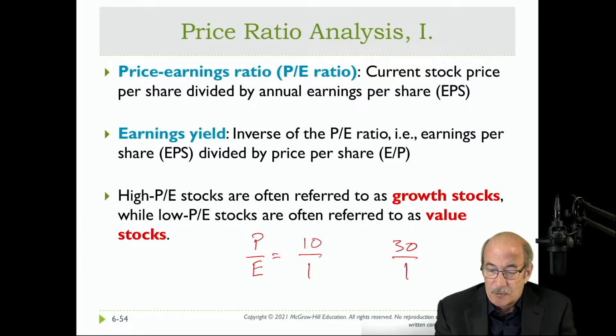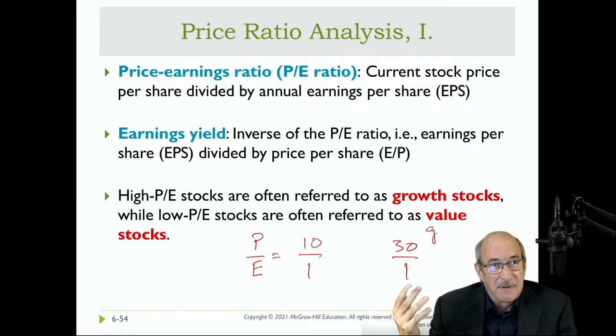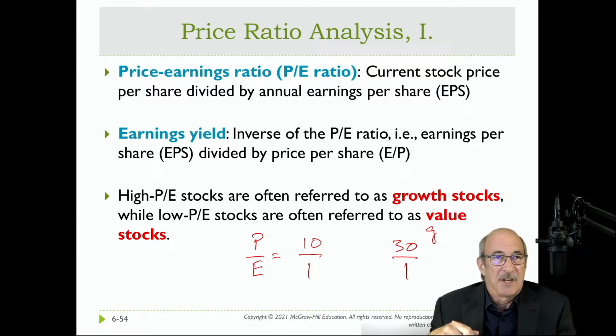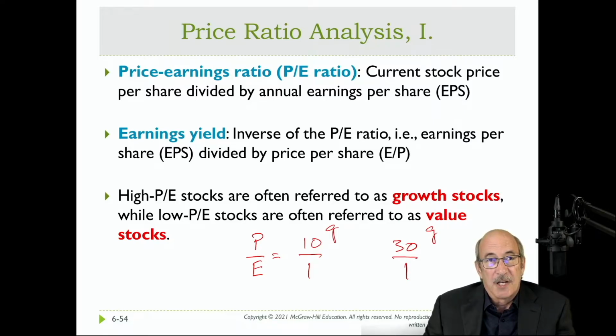If the growth rate of this high PE company is not also high, $30 for $1 worth of next year's earnings means you're going to be overpaying grossly. Likewise, over here, this growth rate is likely to be extremely low, and it could be even lower than you think, so that even $10 is an overpayment for that level of growth.